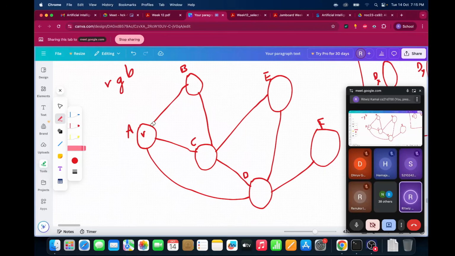Let me remove this initial assignment. Initially you put RGB in each of these nodes. That doesn't mean you are assigning RGB to each of these. It just means that this represents the domain at the very beginning, before even the assignment that I told you.